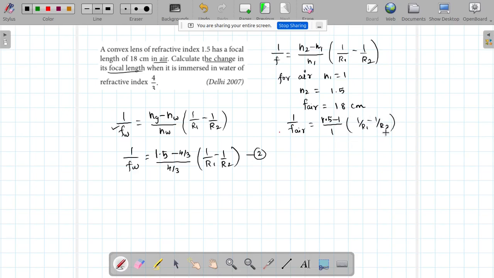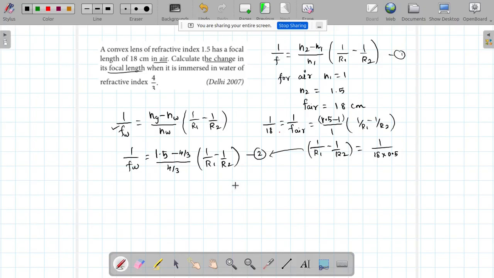Therefore, this entire term, 1 by R1 minus 1 by R2, with f air 18, is 1 by 18 times 0.5. That becomes 1 by 36. Now insert the value in this equation.